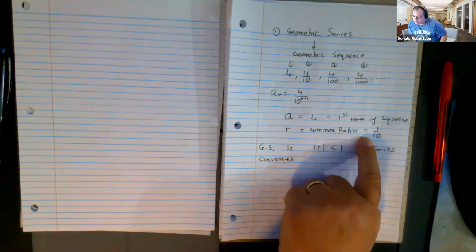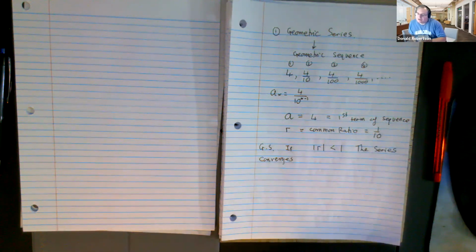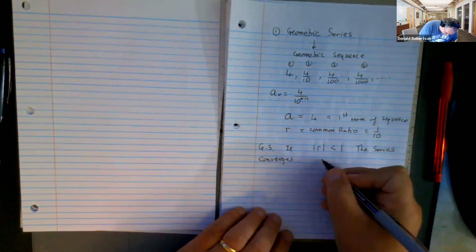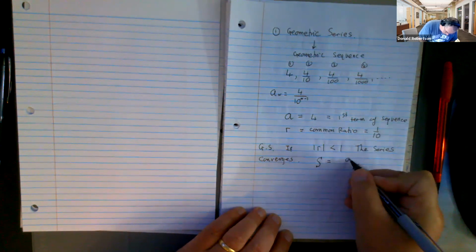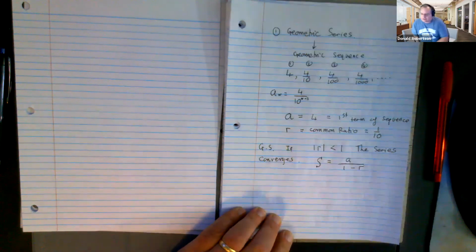Notice it's the absolute value, because you can have minus a half. So you could have an alternating sequence, right? It goes 1 minus a half plus a quarter minus an eighth plus a 16th. That would work as well. It converges. Not only does it converge, we even know what its sum is.